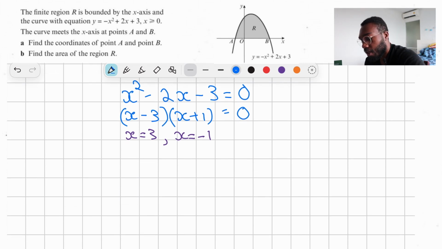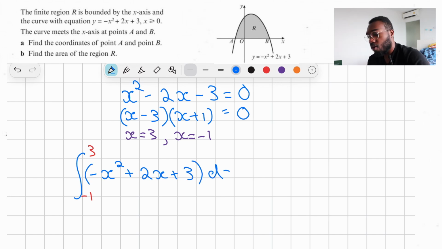So therefore, we know that the integral from minus 1 to 3 of the original equation, minus x squared plus 2x plus 3, if we integrate this with respect to x with those limits of 3 and minus 1, it will give us the area under the curve which we are looking for.